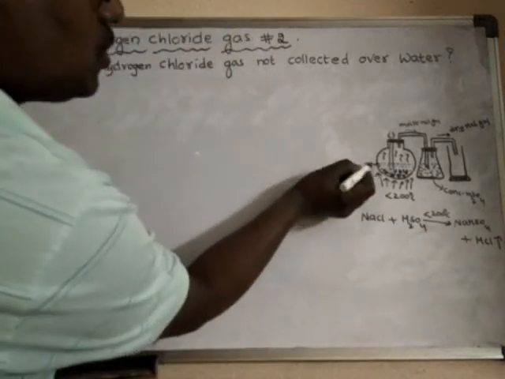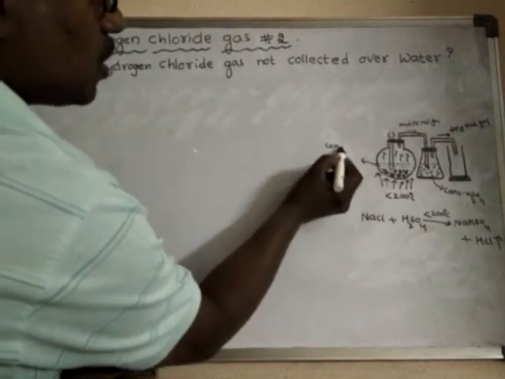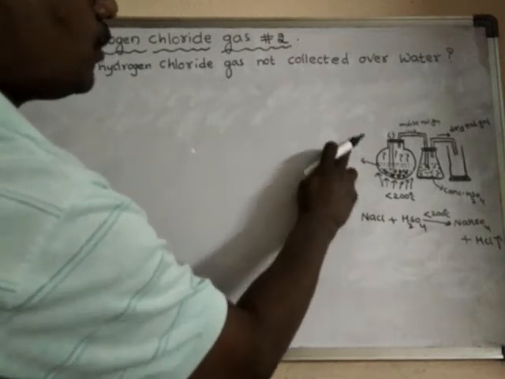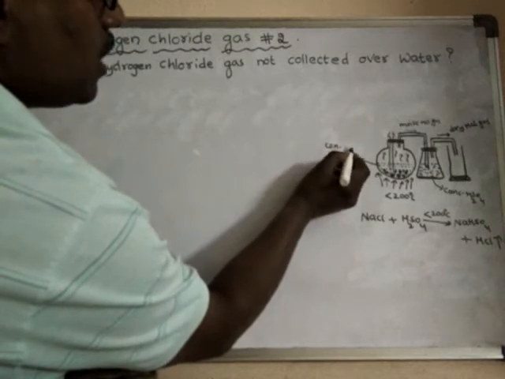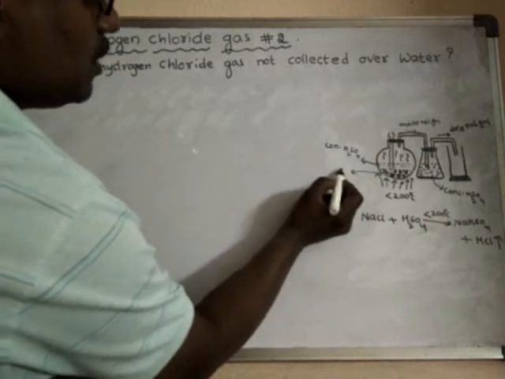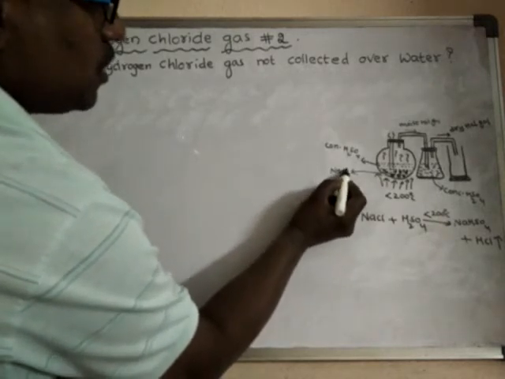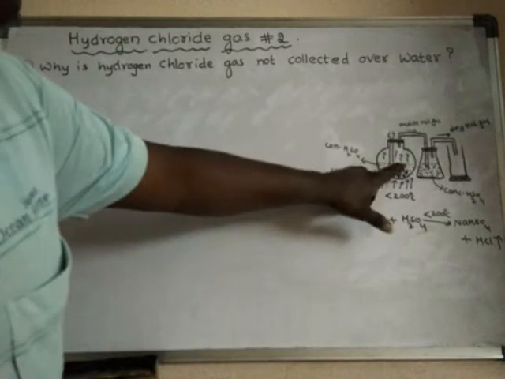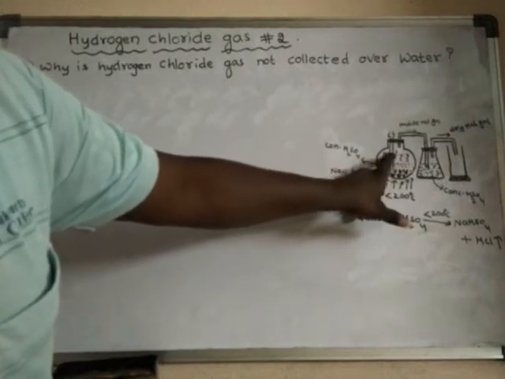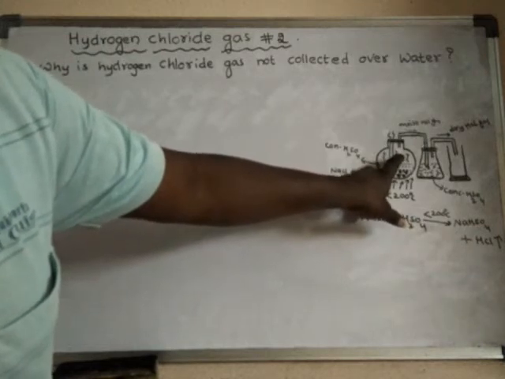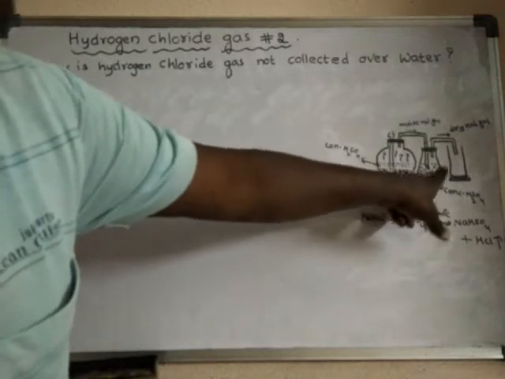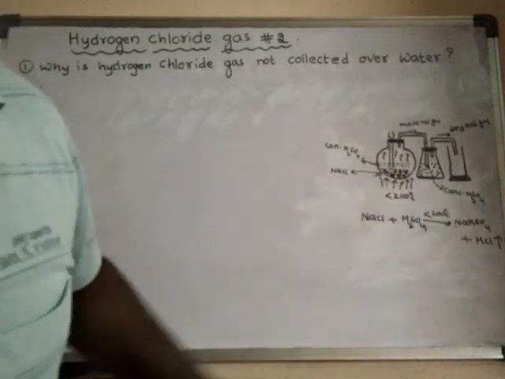Here also, this is concentrated sulfuric acid. And this is nothing but NaCl, rock salt. The hydrogen chloride gas which is formed here has some moisture in it, so it is passed through the delivery tube into concentrated sulfuric acid.